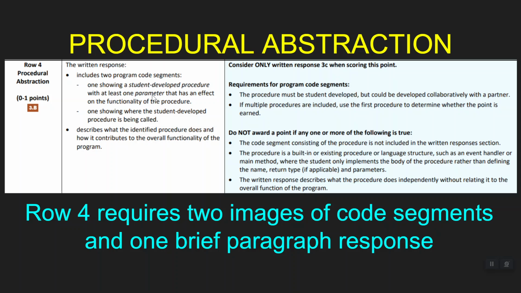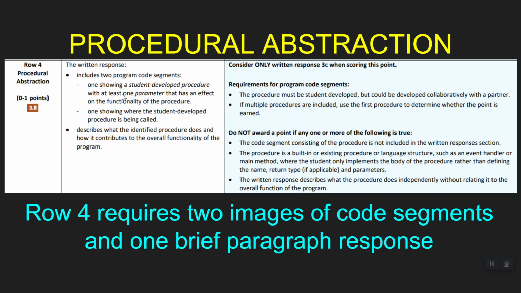So the first program code, again, is where you're defining the procedure or the function, and showing how the parameter is a part of it. And then the next code segment has to show where you are calling that function. So that's pretty straightforward. You also have to have a written description that basically identifies what the procedure does and how it contributes to the functionality of the program.